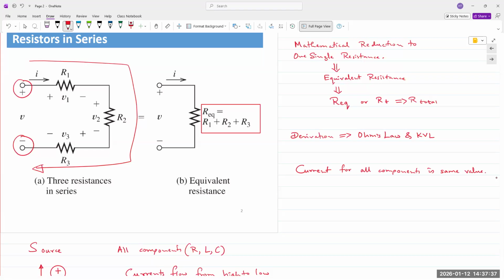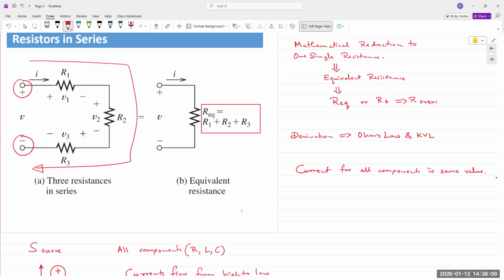When we state that it's the same for all the components, it doesn't mean that it's going to remain constant. The point of this statement is that the current that results because of a series connection of resistors is a result of all of those resistors working together. So it's shared amongst all of them.